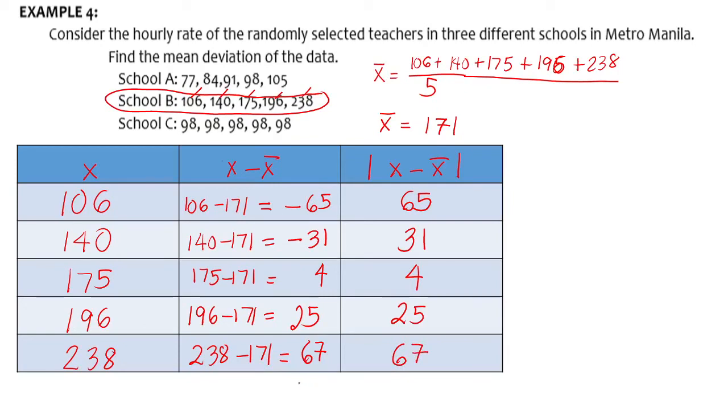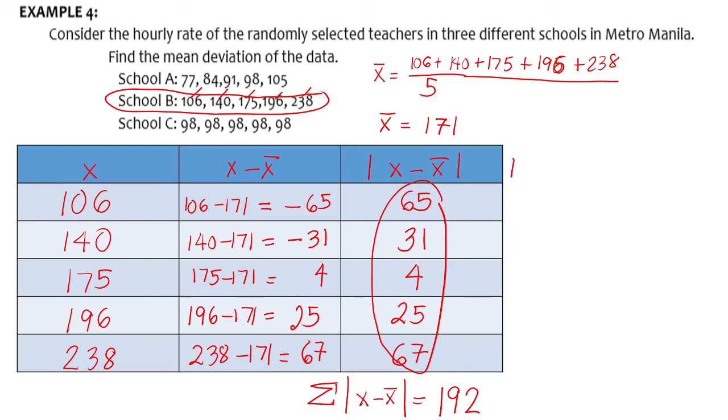And now let's get the summation, the summation of the absolute value of the difference of the scores and the mean. So you add all these numbers. How much is the sum? 192.